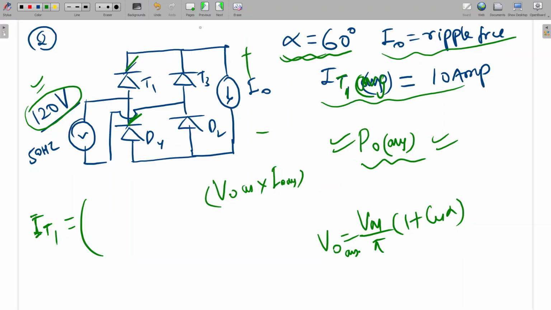T1 will conduct from which to which? Alpha to pi plus alpha, sir. Oh, one second, I think I made a mistake here. This is a diode only, I wrote D4. So alpha to pi plus alpha. So IT1 will be pi plus alpha minus alpha by 2 pi. Is it clear?